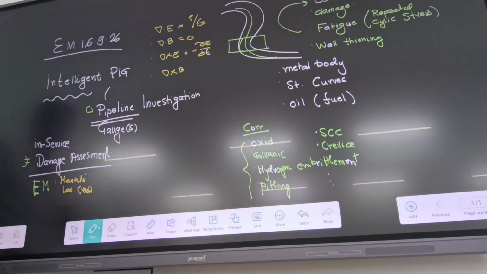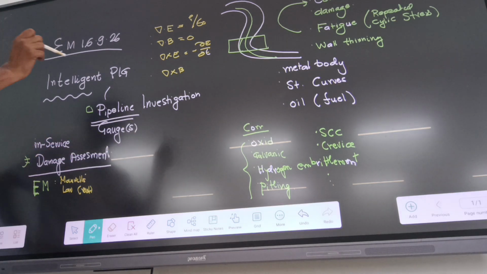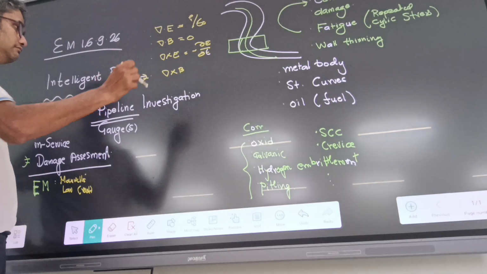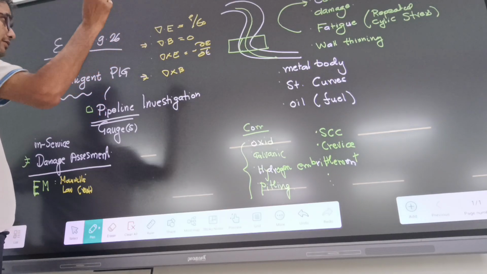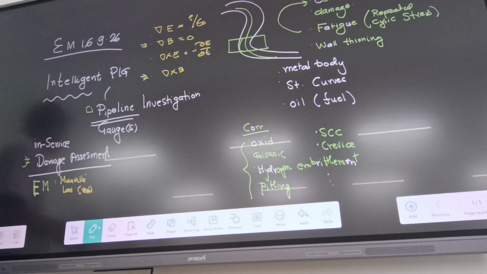Especially in this case we will be using this one and to some extent this one. The second and fourth will be used more here. What is the second saying? The magnetic lines of force, monopoles do not exist.